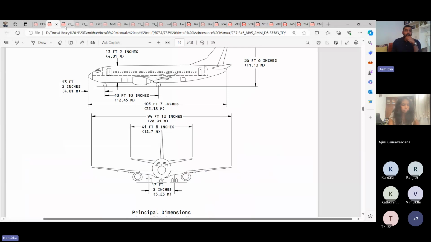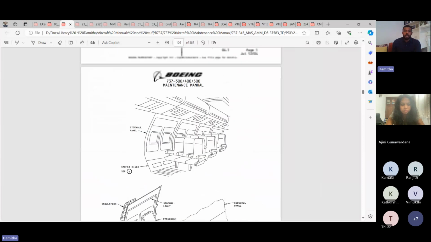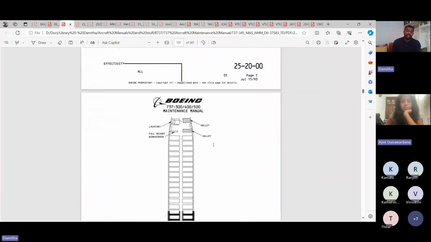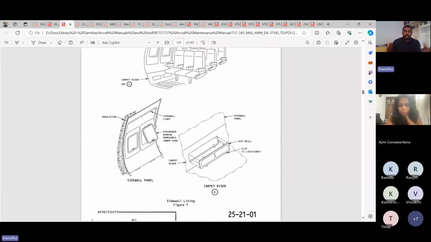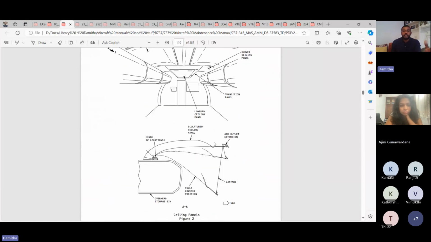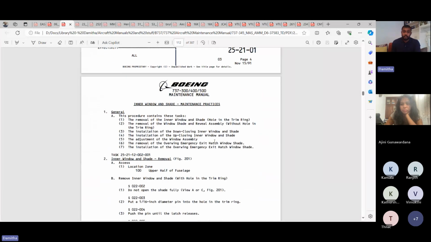Along with that, this is another chapter of the same document, for the cabin interior, which is chapter 25. If you work as a design engineer, this is one of the most common chapters you will have to go into. In here, it will show you all the installation procedures and maintenance procedures.